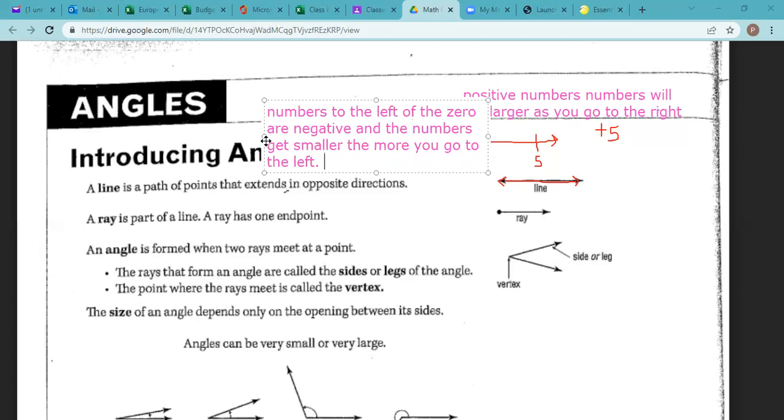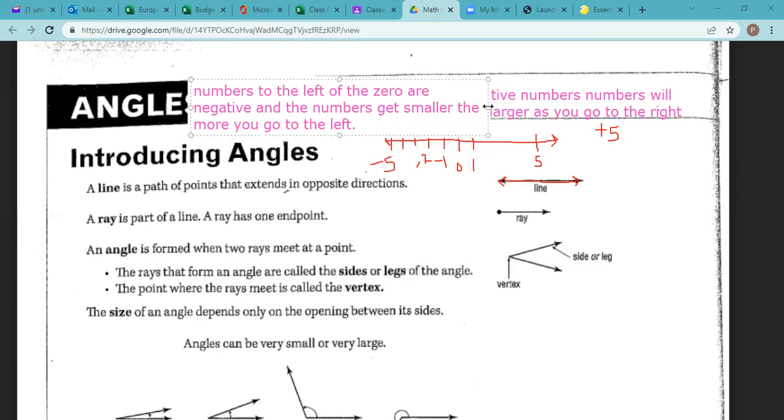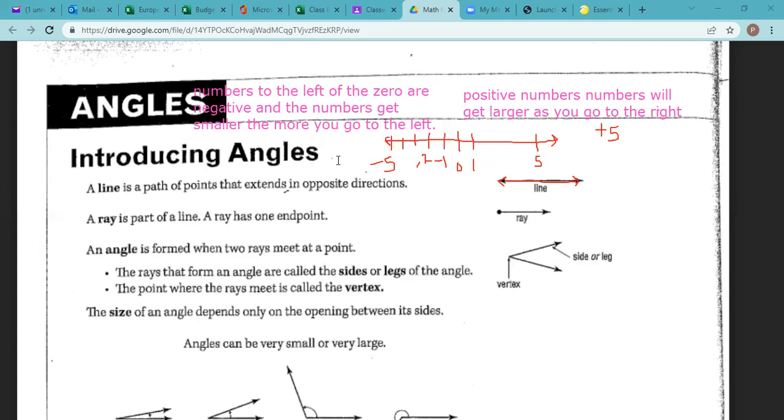Okay, so that's a little taste, like I said, of what the negative numbers and the positive numbers look like. So if you have a chance, write down that information, but you'll definitely be hearing it in the near future again. All right.